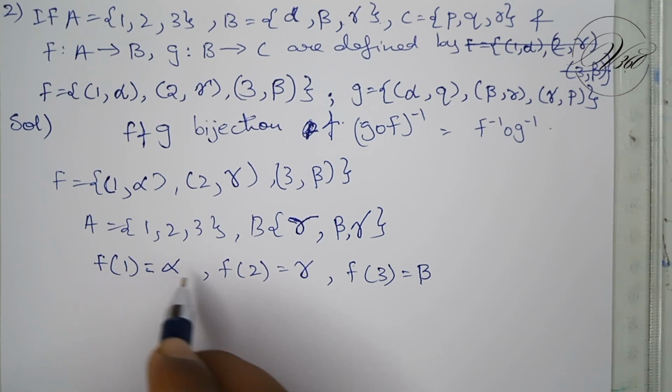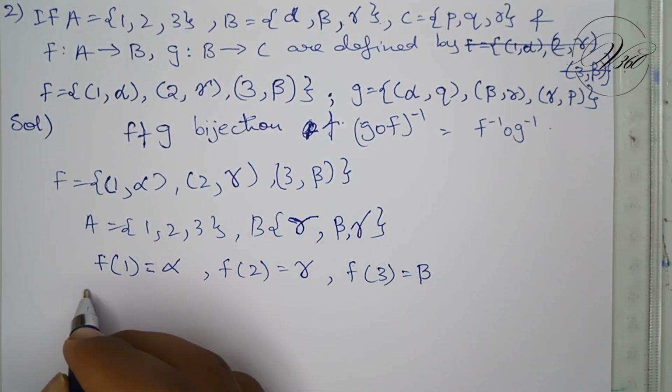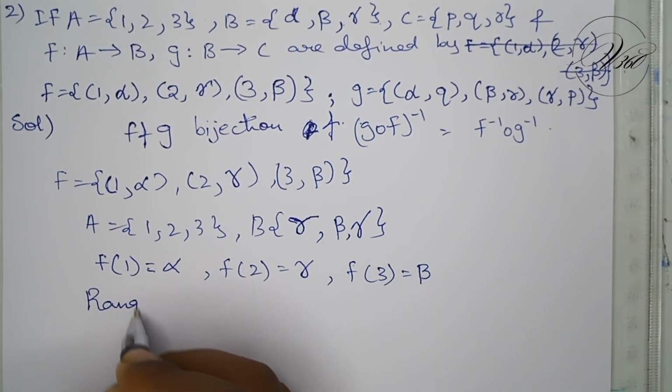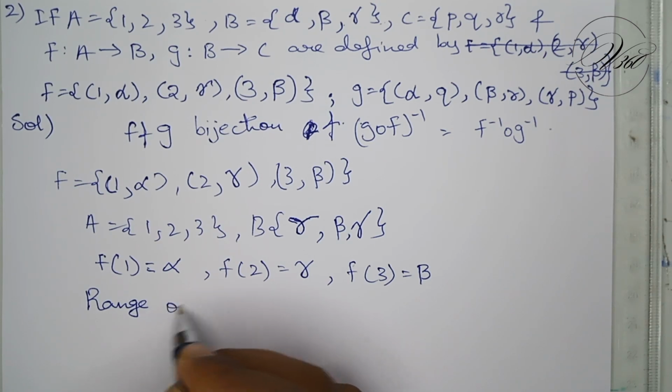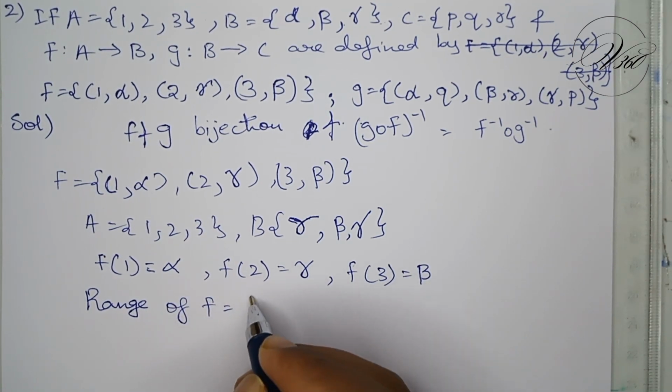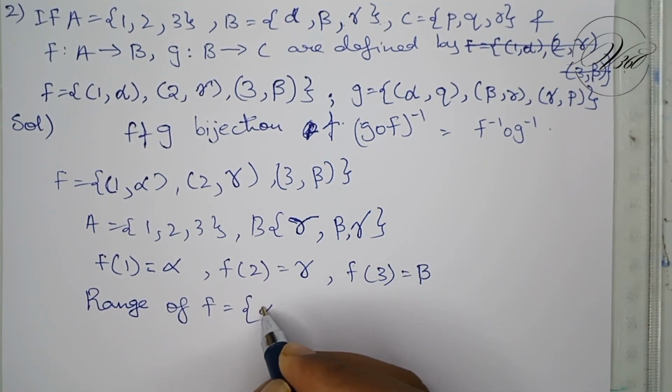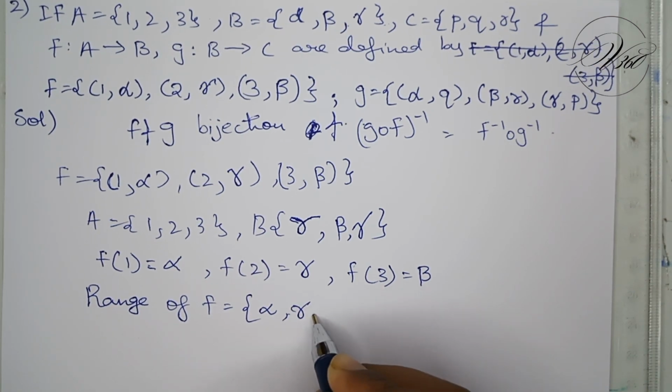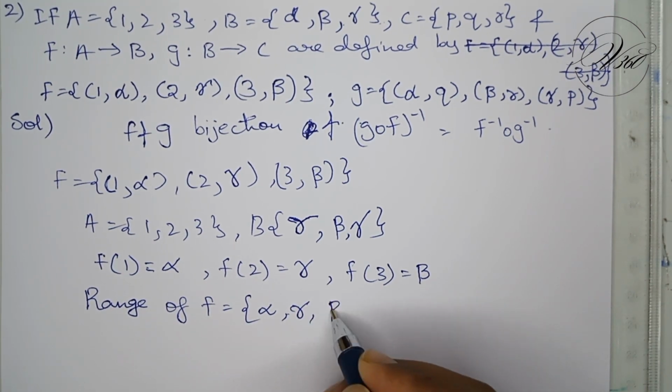Now here alpha, gamma and beta are the range. Range of f is equal to alpha, comma, gamma, comma, beta.